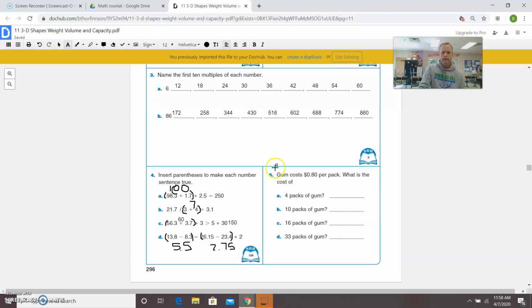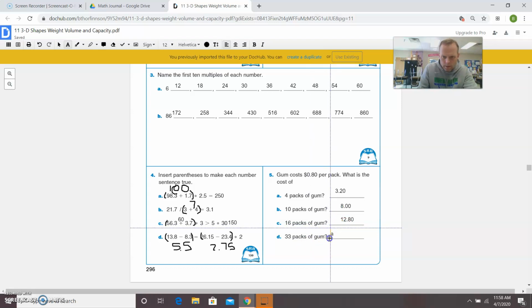Okay, this side, gum costs 80 cents per pack. Well, what is the cost of 4? You're going to do some multiplication on all of these, okay? So first one, 80 times 4 is $3.20. 10 times 80, slide it over, is $8. 16 times 80 cents would be $12.80.